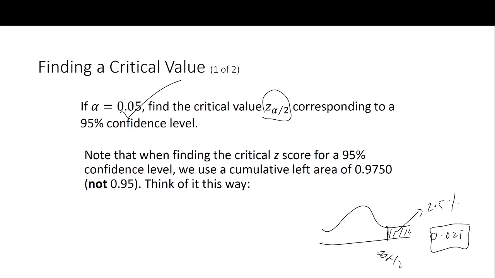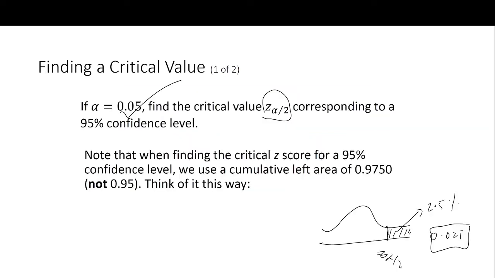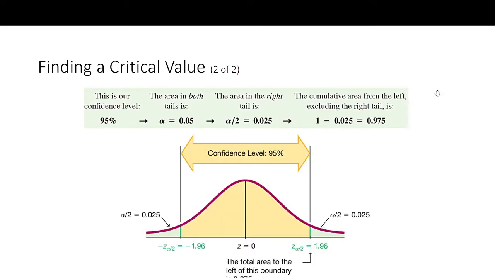For this area we need to find the z-score. For that you can use a calculator, or you can use a table. This is the same as the previous chapter where we discussed the critical value. I'm going to use a calculator while solving the problem, but that's what it means.